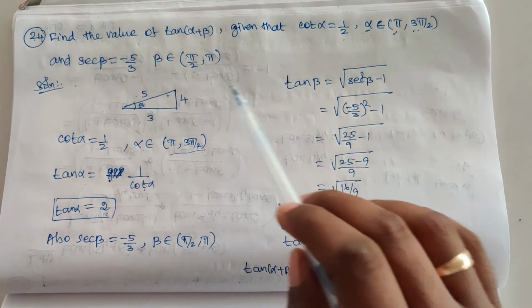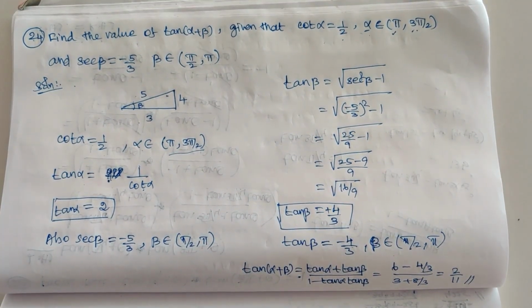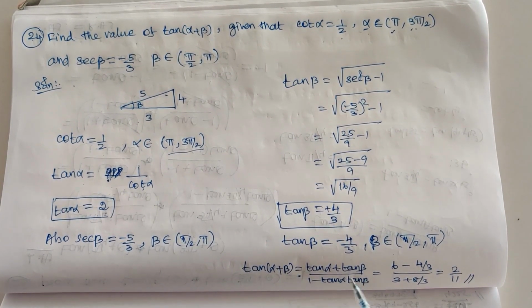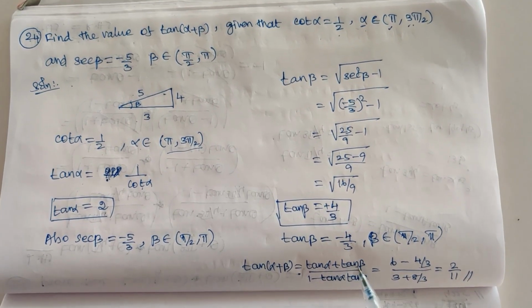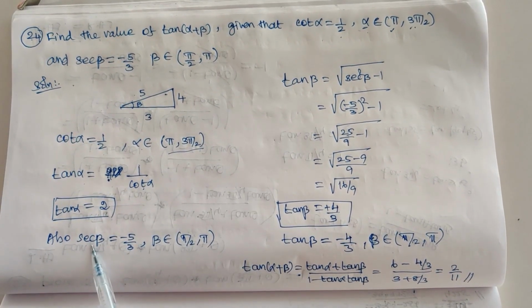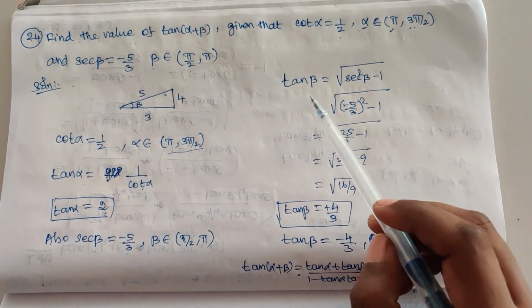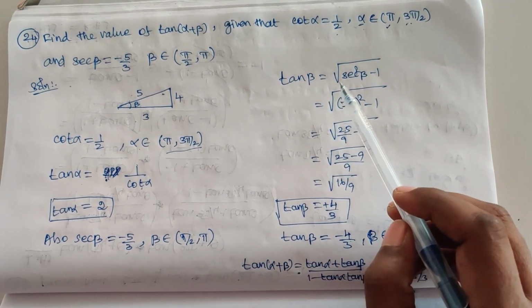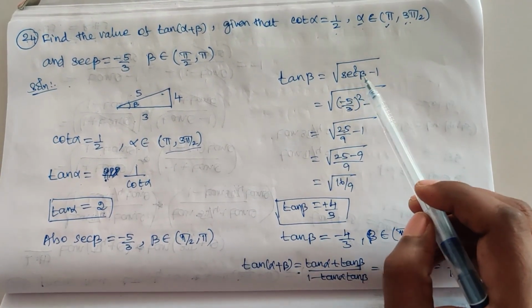Because tan(alpha plus beta) is equal to what's the formula? Tan A plus tan B by 1 minus tan A tan B, so tan alpha plus tan beta by 1 minus tan alpha tan beta. Now we know tan alpha, and we need to find tan beta. Using secant beta, we can find tan beta. Tan beta is equal to, we already know the formula, plus or minus square root of secant squared beta minus 1.